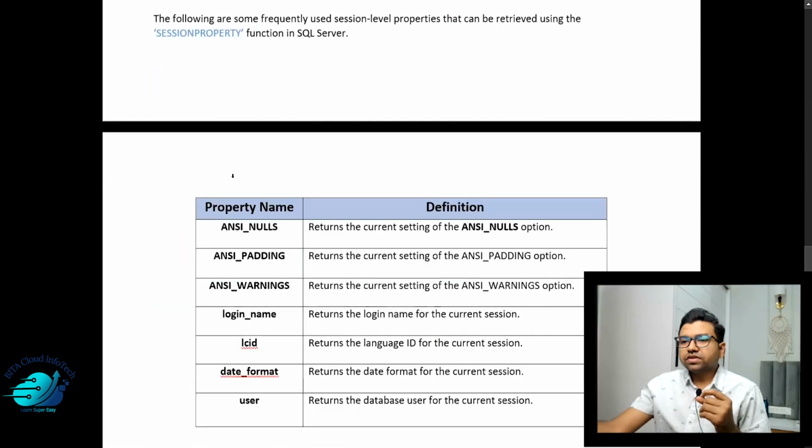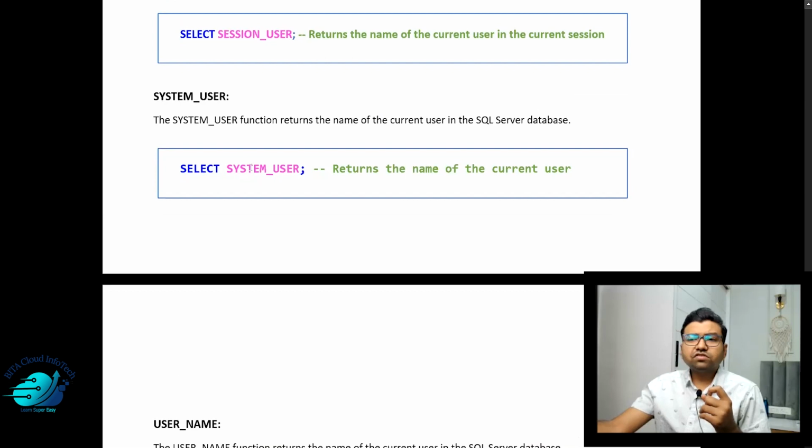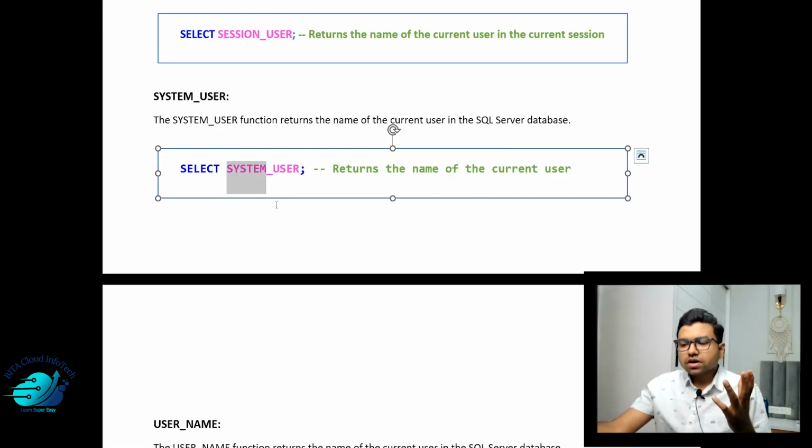Okay, so now let's see. This is not important: session properties. Yeah, SYSTEM_USER is important. Which current user has logged in? It will return the name. So in a real environment, many users perform many actions, right? So we have to capture which user performed which action. These kinds of functions help us maintain logs and audits.